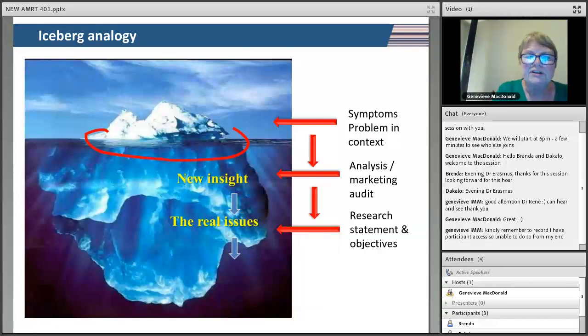So now you've got the symptoms and you spell it out in the problem and context, and now you go a little bit deeper. You go and talk to your manager and to the people on the floor that were actually involved in this particular intervention or strategy, and find out what they are saying to you.